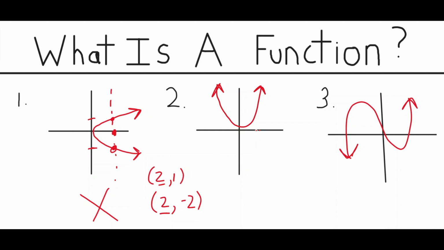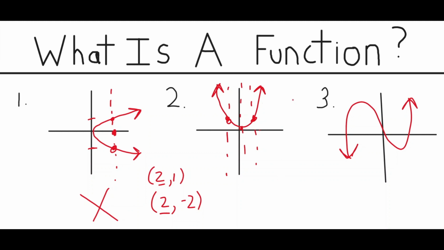Let's take a look at number 2. This one, if we draw a line at any given point, it only crosses it once. Crosses it once, crosses it once, crosses it once. There is nowhere that a vertical line will be able to cross this graph twice because each x input only has one y output.